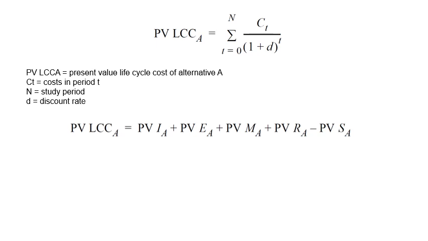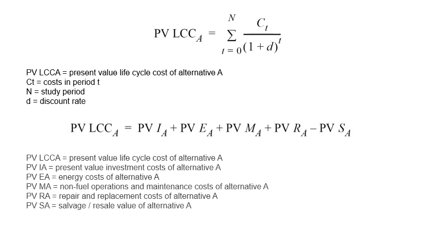But now we have to consider the time value of the cost and convert them to the present value, including present value of the investment cost, present value of utilities, present value of repair, present value of replacement, minus present value of salvage value. This way, we've accounted for all the future costs and the time value of all the costs at different times.